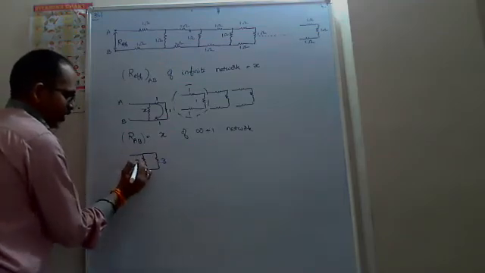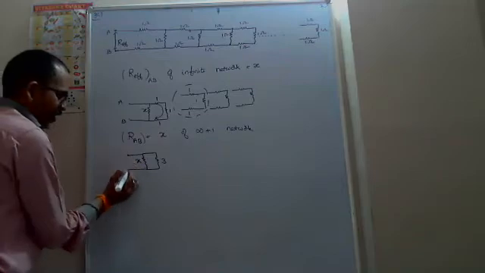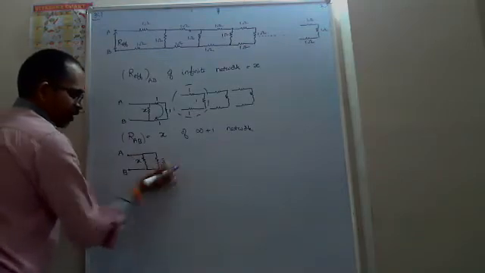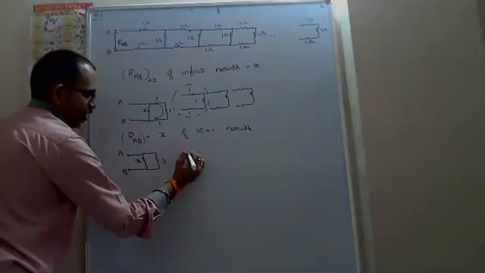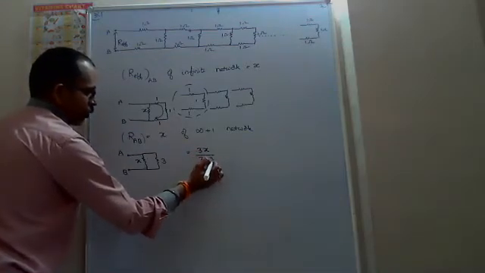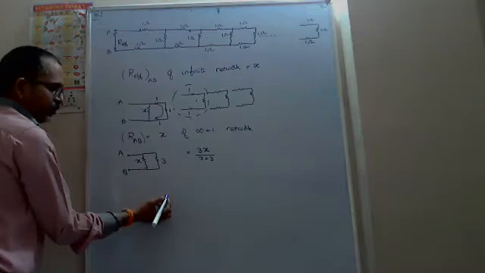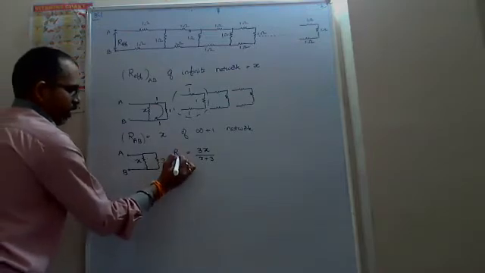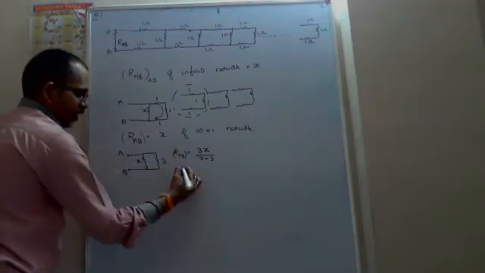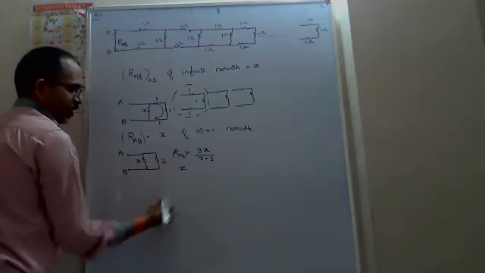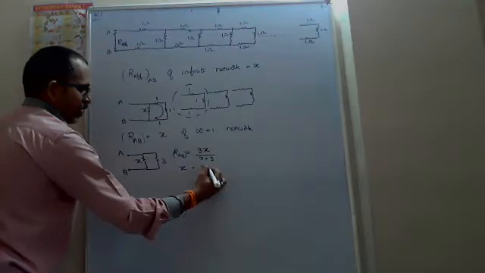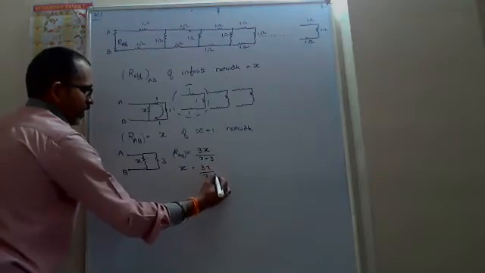And this is X, and these are the points A and B. They are in parallel, so the effective resistance will be 1 by R1 plus R2. Between A and B, that is already assumed as X. So X equals how much finally? 3x by x plus 3.